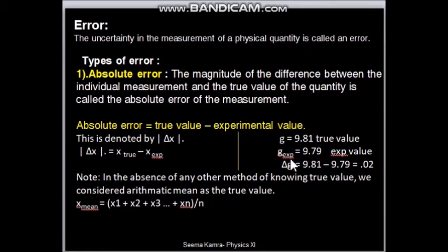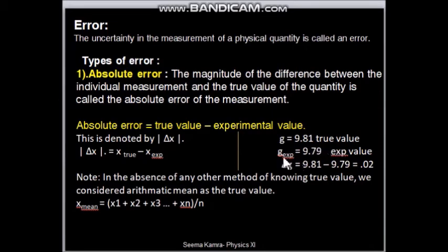I'll take the example of g because this quantity is known to you. Small g means gravitational acceleration and its value is 9.81. I'm taking it to 2 digits after the point. So 9.81 is the true value.